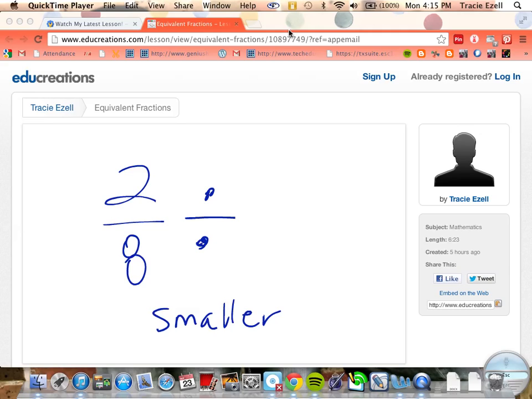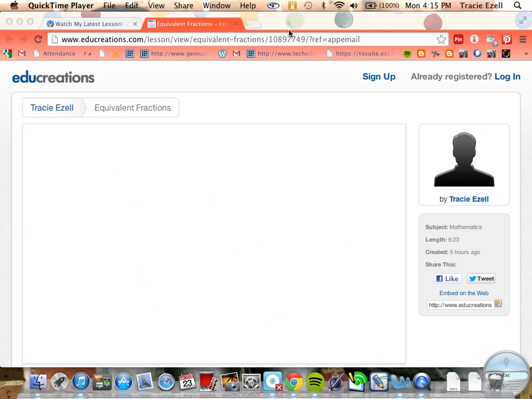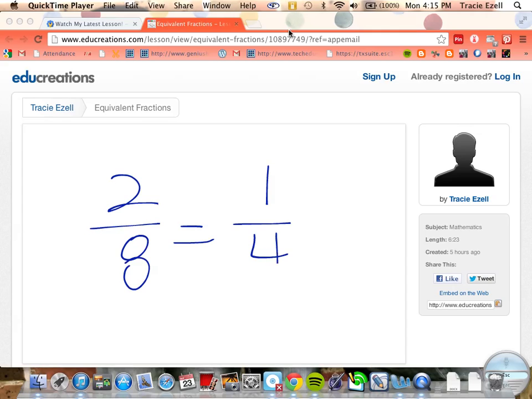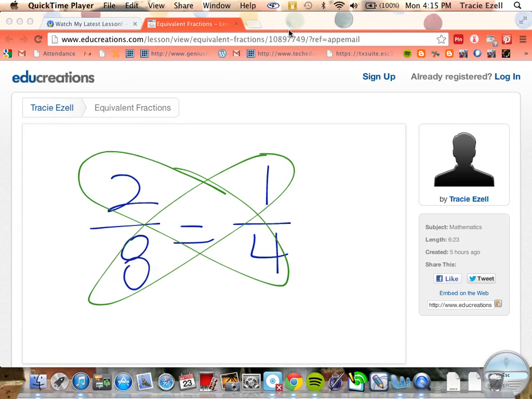So a number that both of these two numbers could be divided by would be 2. 2 divided by 2 is 1. 8 divided by 2 is 4. So that means that 2/8 and 1/4 are equivalent. And just to double check, I'm going to cross multiply, and I'm going to get the same number on both sides, so those are equivalent.